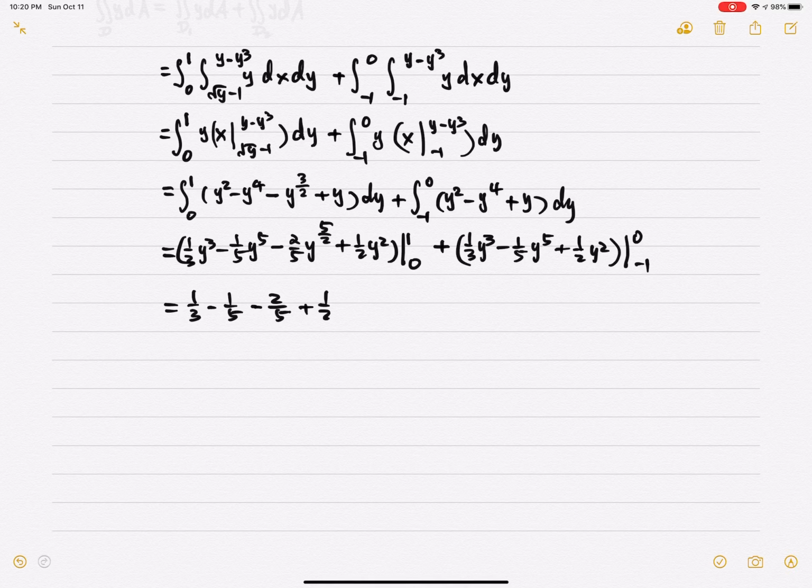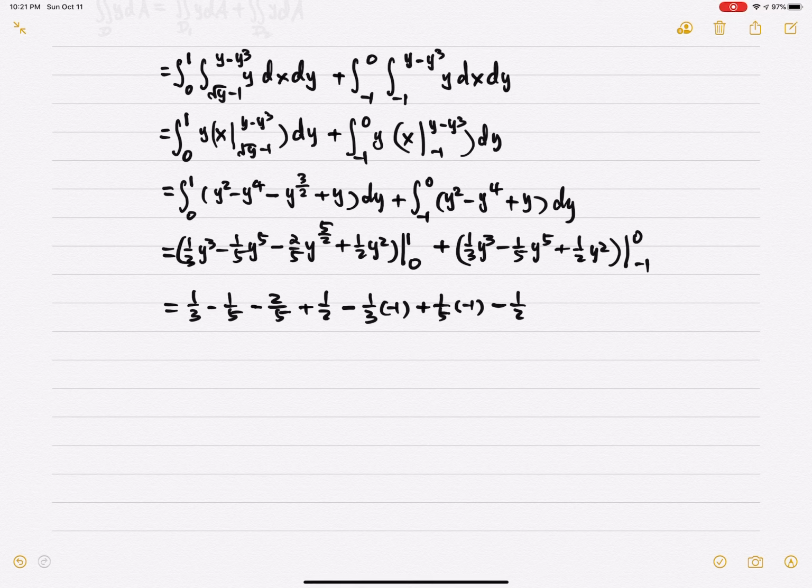And then for the second, when you plug in 0 it is 0, minus 1/3 times -1 cubed, which is -1, then minus negative is a positive 1/5 times -1 to the 5th, and then minus 1/2, since -1 squared is a positive 1.